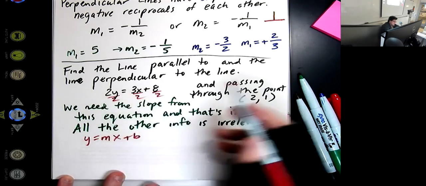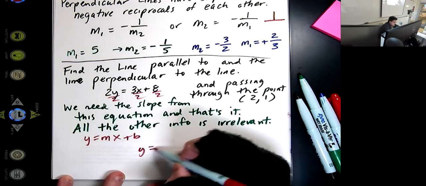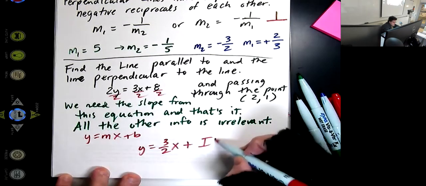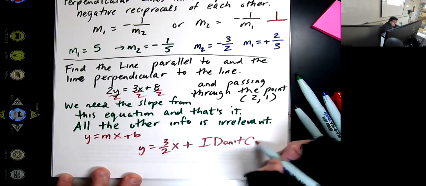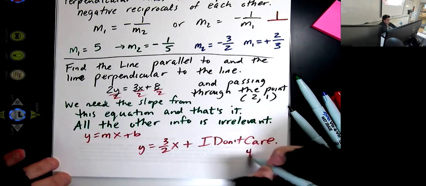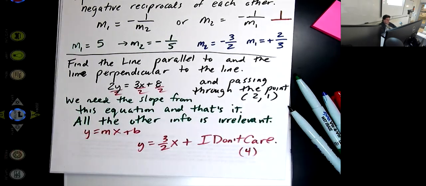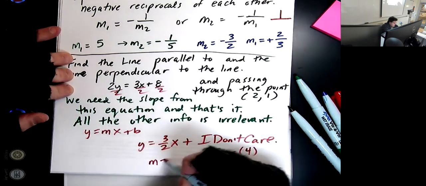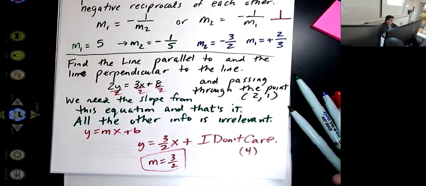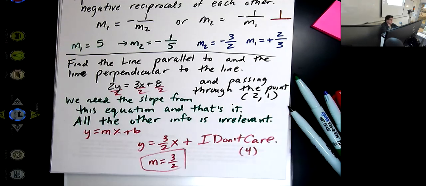And I get y equals 3/2 x plus, I don't care, the value is actually 4. But the 4 is completely irrelevant. What we want is the 3/2. We're going to use that to find the line parallel and perpendicular to that line.